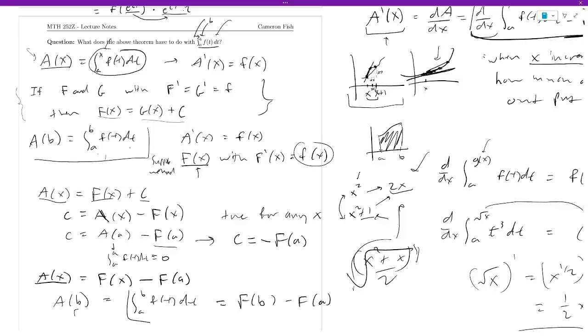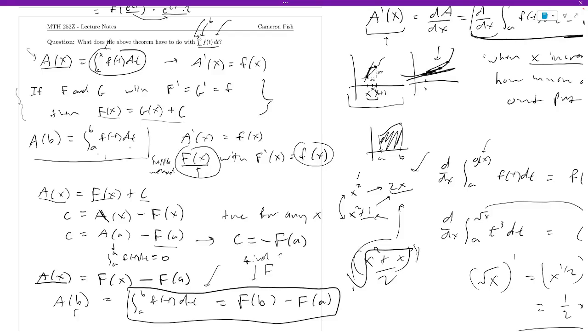So this actually is my big theorem. This is really awesome. This says, remember, what was big F? It was some antiderivative. So this says that if I want to evaluate this integral on the left-hand side, instead of doing a Riemann sum, all I have to do is come up with big F, which is, find some big F whose derivative is little f.